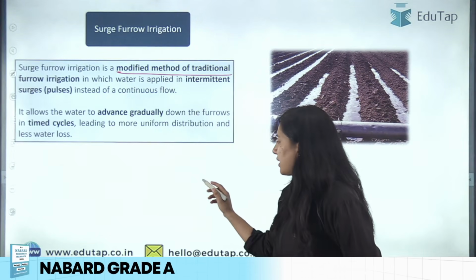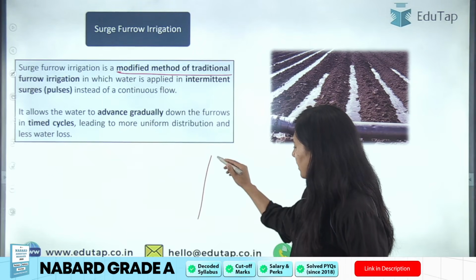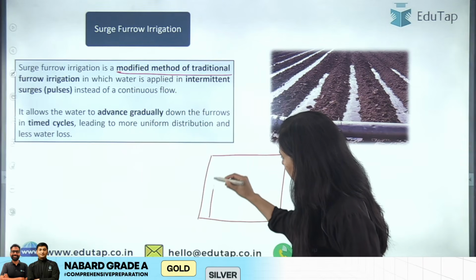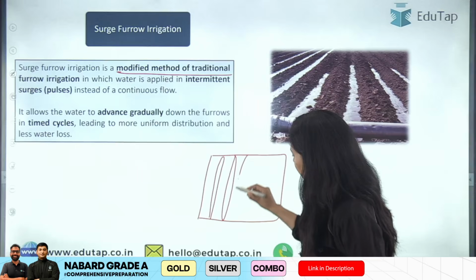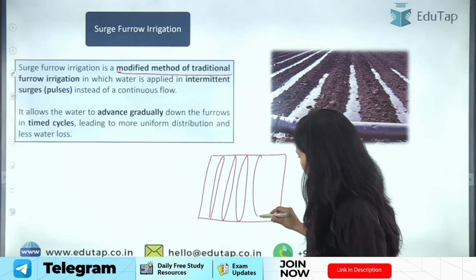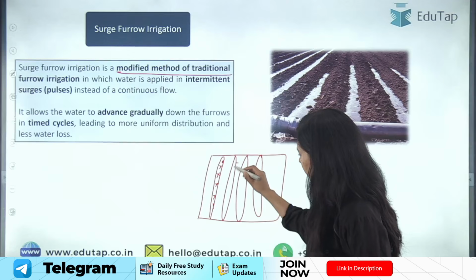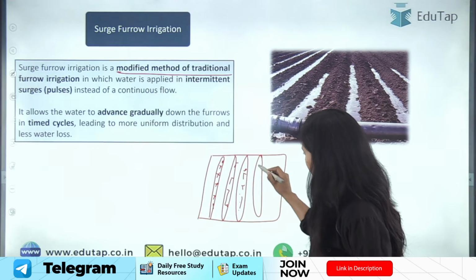What is this on-off cycle? Say this is our field. These are ridges on which plants are growing. Now in between the ridges we will have furrows, right?